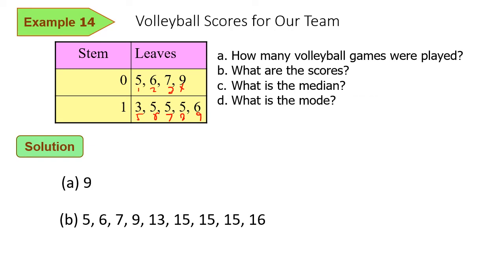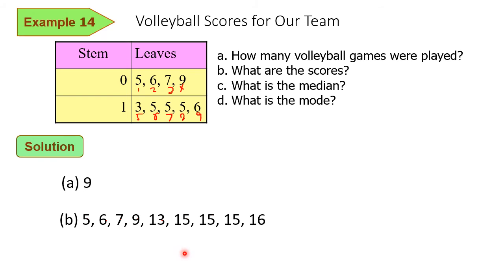And then from the second stem, we start with 1. So we have 13, 15, 3 times. As you can see here, 15, 3 times. And then lastly, 16. So count again, it should be a total of 9. 1, 2, 3, 4, 5, 6, 7, 8, 9. So the total number is 9, which is correct. So we have the list of the scores here at B.